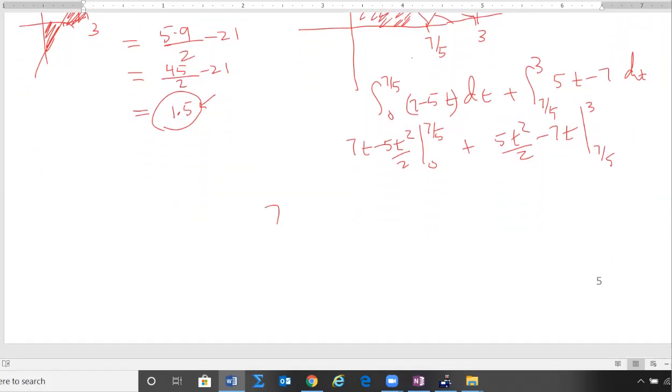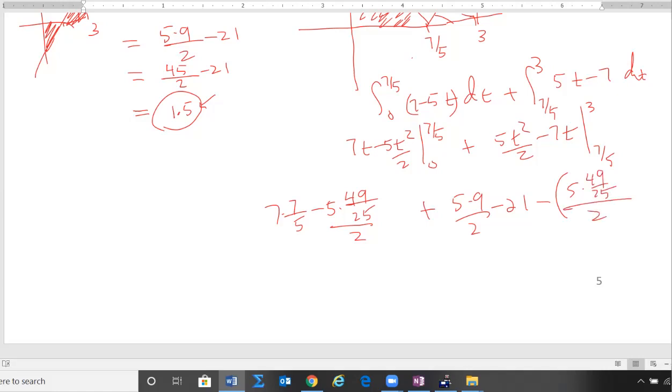So you'll have 7 times 7/5 minus 5 times 49 over 25 over 2. The rest of that's 0. And then over here you'll have 9 over 2 minus 21 minus 5 times 49 over 25 over 2.